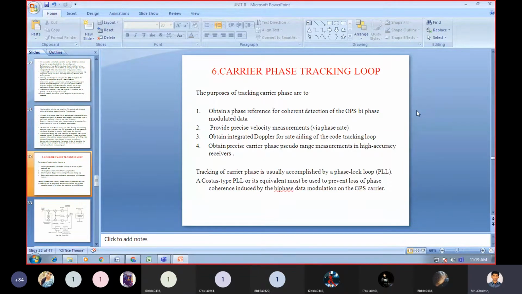Second, provide precise velocity measurements via phase rate.